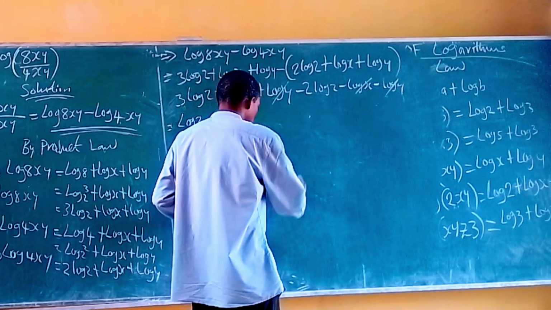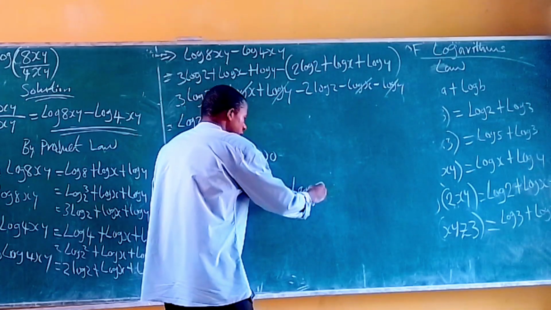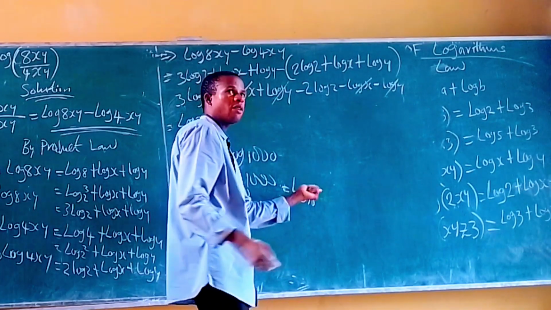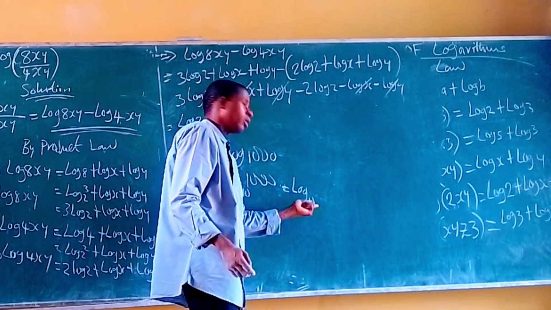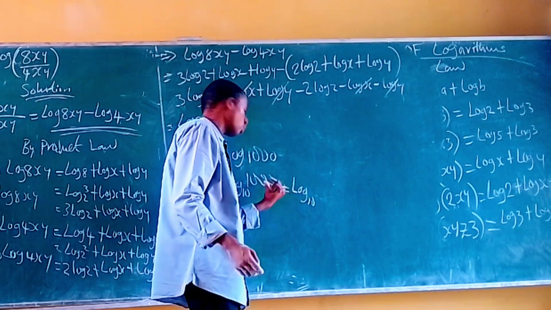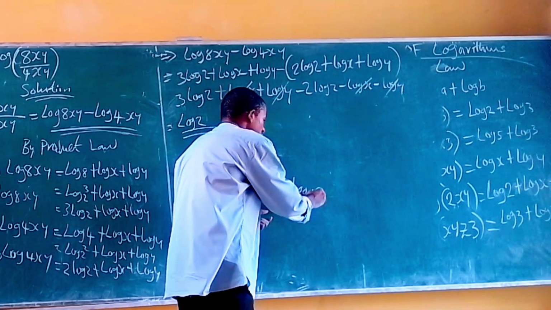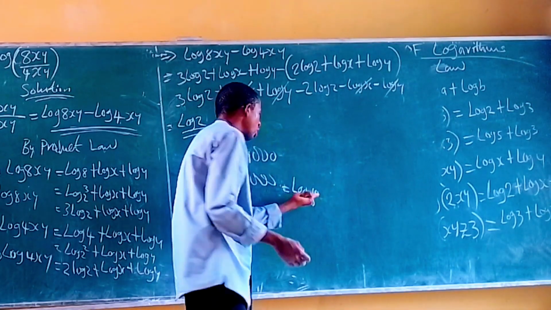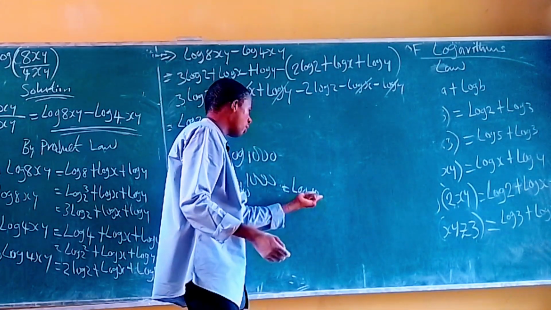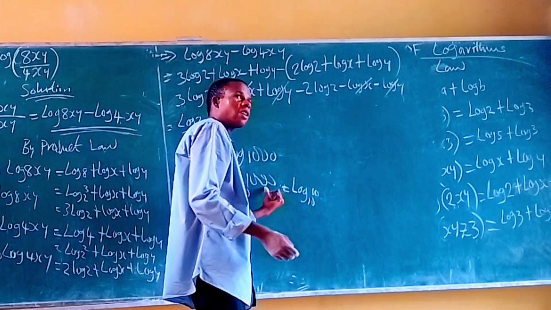So we have a log of our initial base, which is base 10. What can we put on base 10 that can give us 1000? It's 10, right? Our focus is already on the same base 10. But which power can we put on this base 10 to give us 1000? It's 3, right?